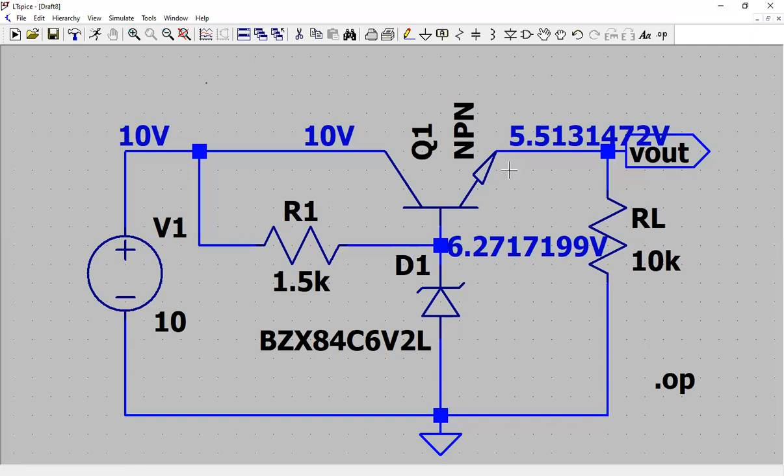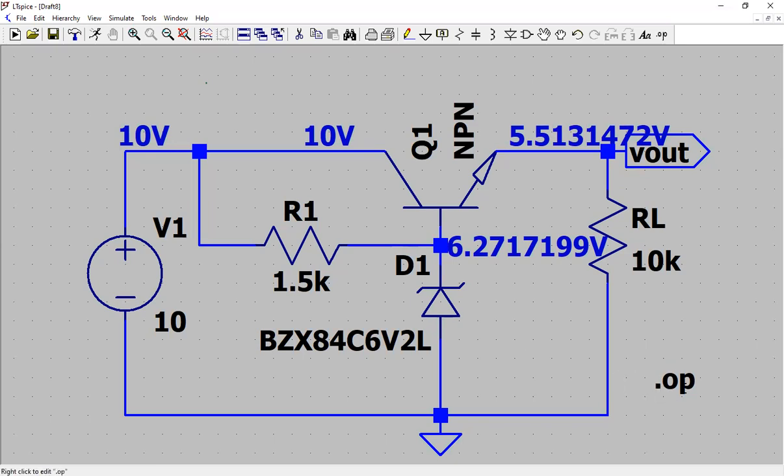If you take the difference, which is VBE, the voltage across the base to emitter junction of the transistor, which is 6.27 minus 5.5, approximately 0.7 volt. Is it? 0.66 volt. Yeah, it is 0.66 volt.